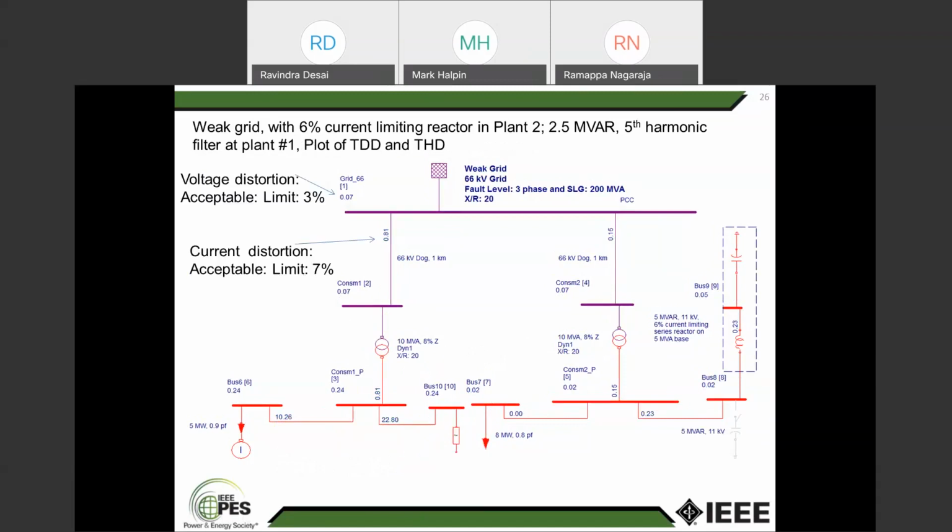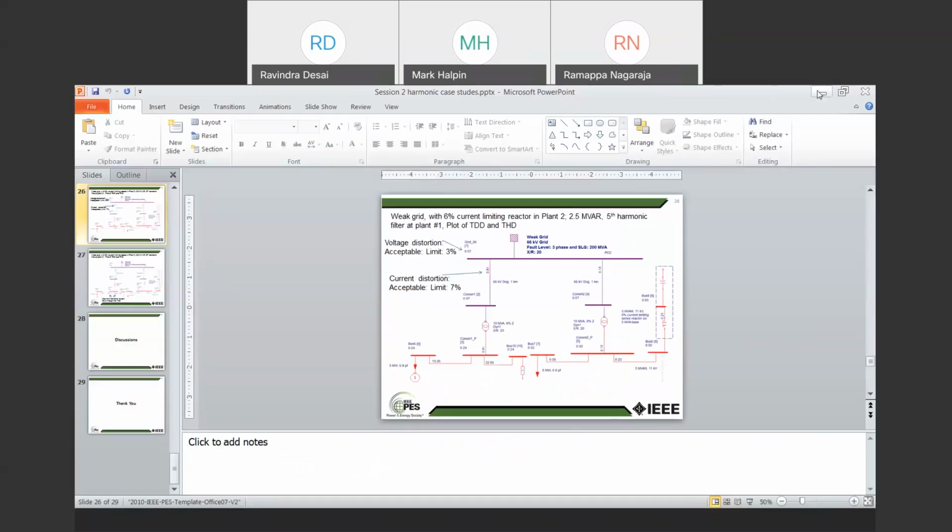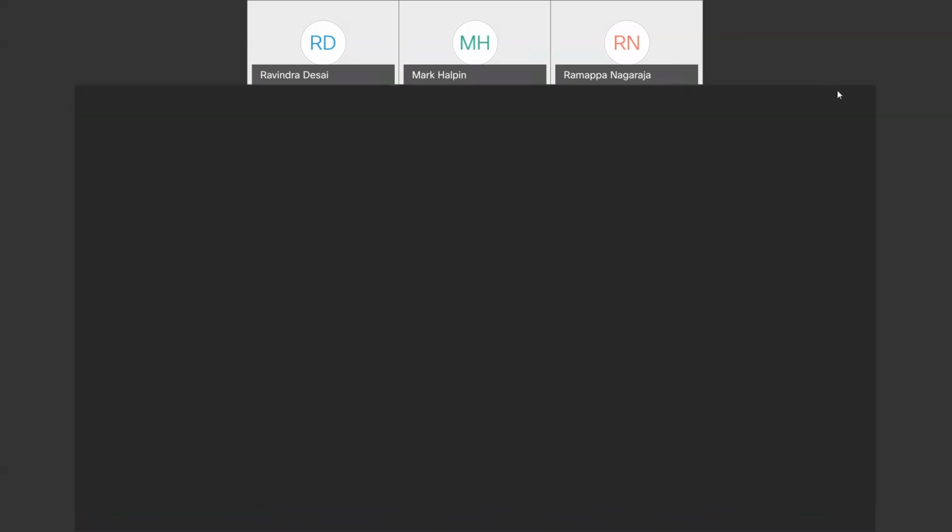Once you provide a filter, I will just get into the software tool. Therefore, what are we going to do here? We need to design a filter here. Therefore, you can go for a user-defined filter.